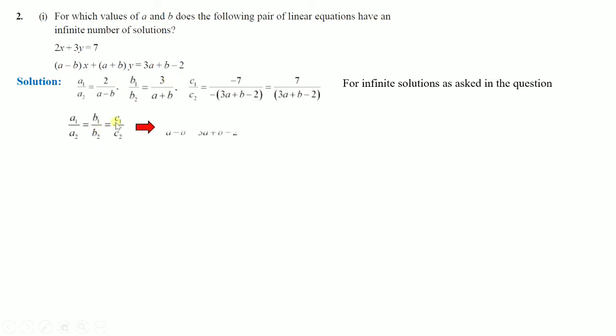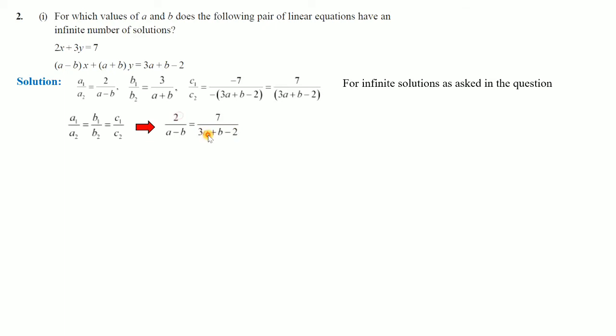So that is a1 upon a2, that is 2 upon a minus b, equal to b1 upon b2 equals to c1 upon c2. So any value we can put first, a1 upon a2, 2 upon a minus b here, and then c1 upon c2 we have taken here, so that is 7 upon 3a plus b minus 2.